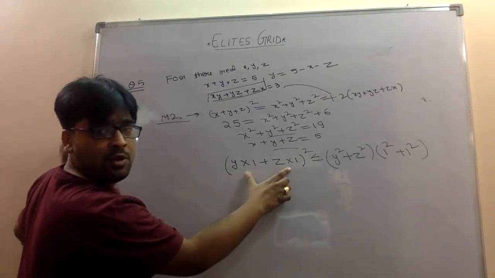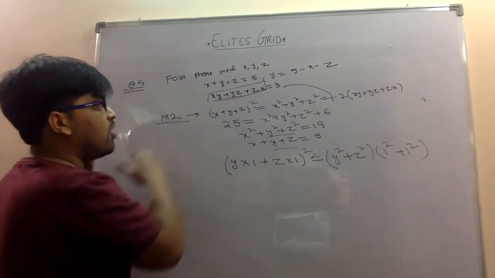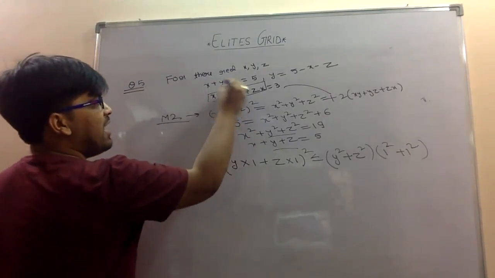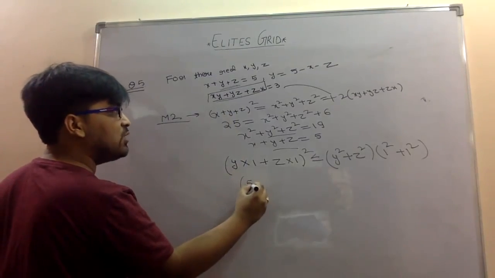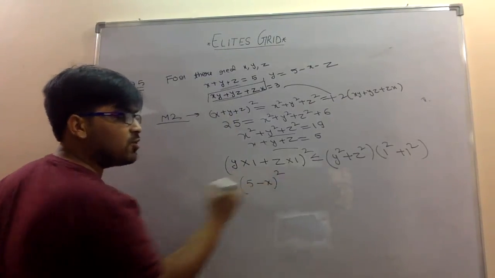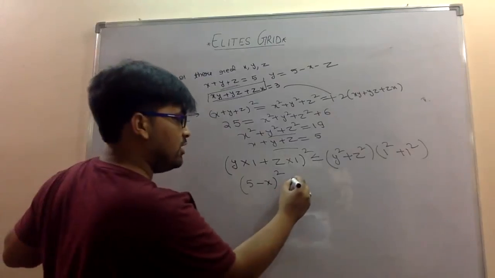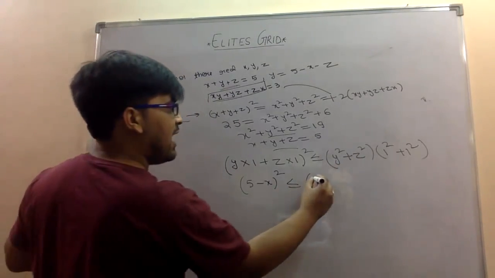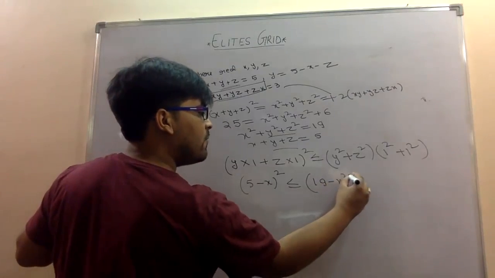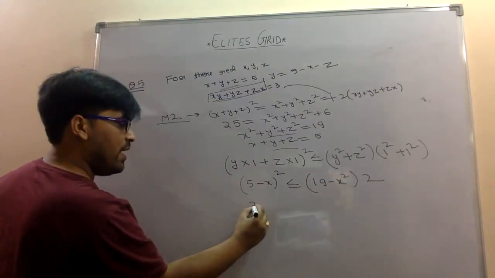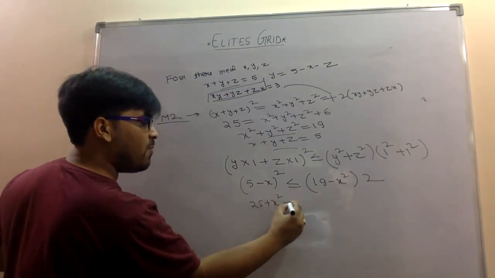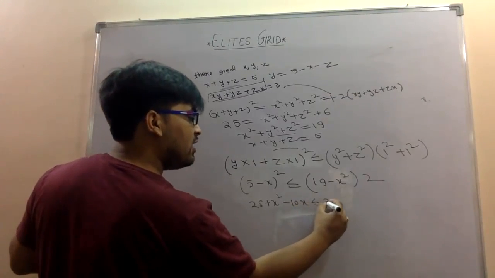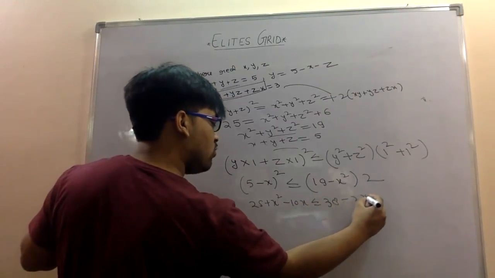What is y plus z in terms of x? That is 5 minus x, whole square, less than or equal to y square plus z square, which is 19 minus x square, into 2. So 25 plus x square minus 10x is less than or equal to 38 minus 2x square.